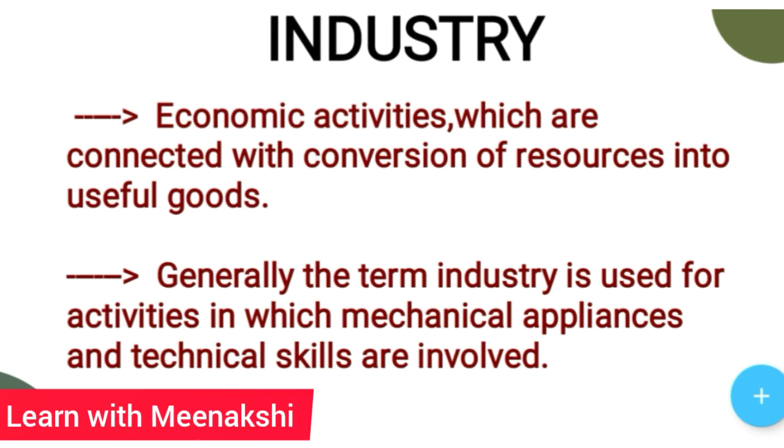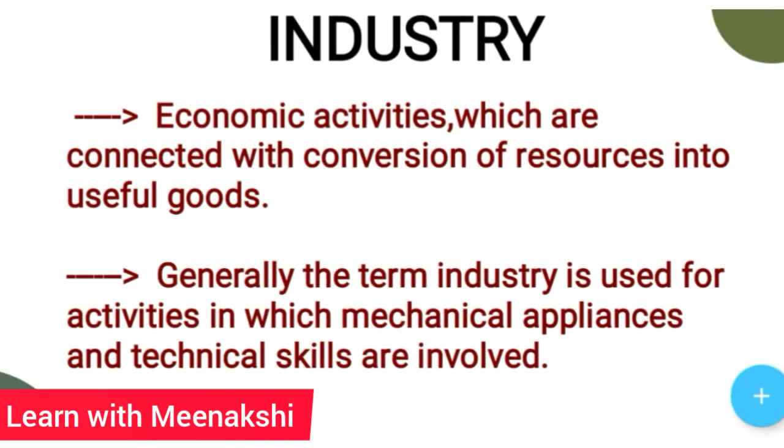Generally, the term industry is used for activities in which mechanical appliances and technical skills are involved. Have you visited any kind of industry? If you have, then you would have seen various plants, machineries, and mechanical appliances, and technical skills are involved in it to convert the resources into useful goods.